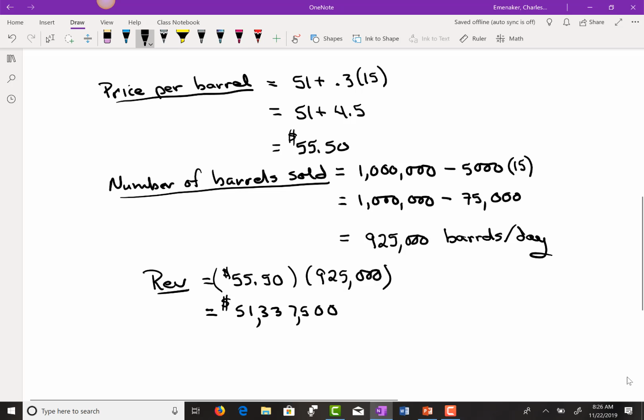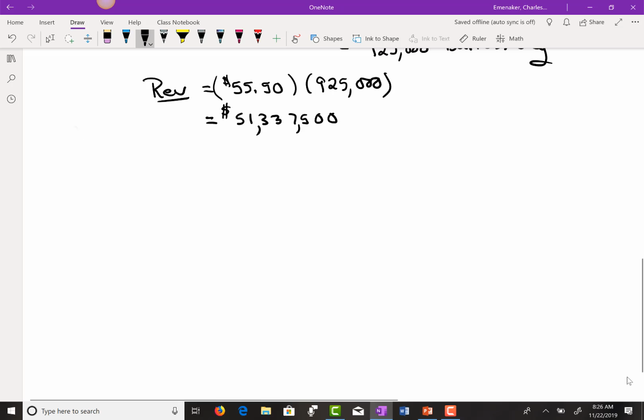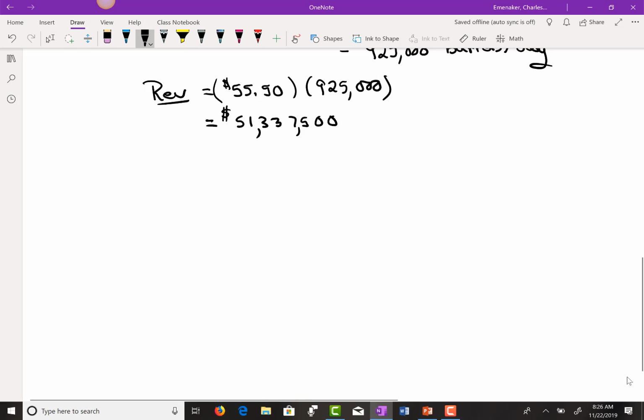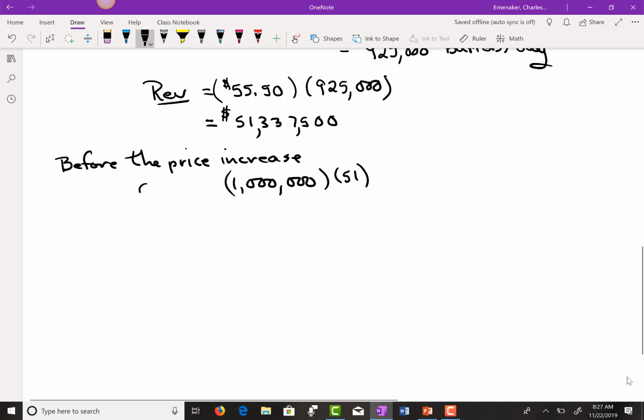Okay. How does this compare to the revenue without the price change? Before the price increase, what was the revenue? You were selling 1,000,000 barrels a day at $51 a barrel. So let's put this as the original revenue.